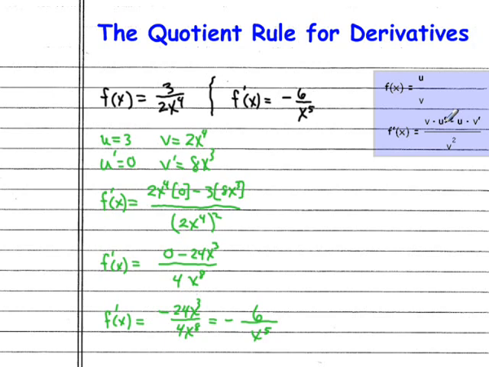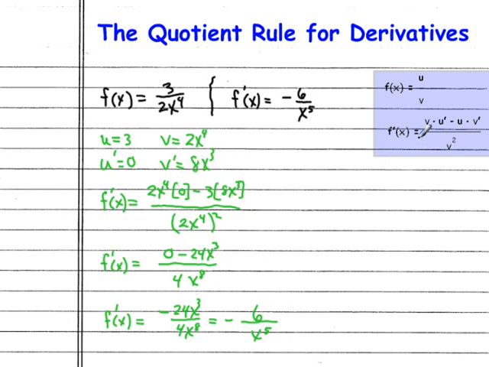That is, u prime is the derivative of the numerator. Well, u is 3, so the derivative of a constant is 0. And we need to know the derivative of our denominator. Well, our denominator, v, is 2x to the fourth, and the derivative of 2x to the fourth, of course, is 8x to the third power.